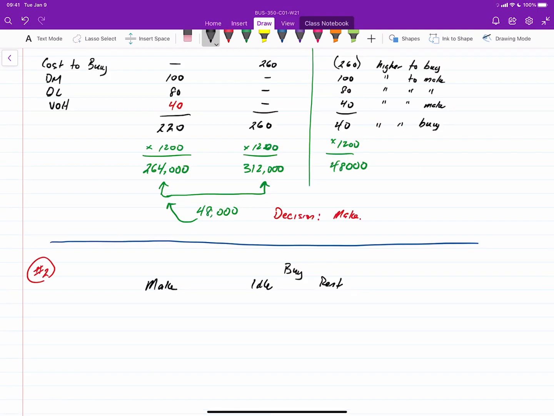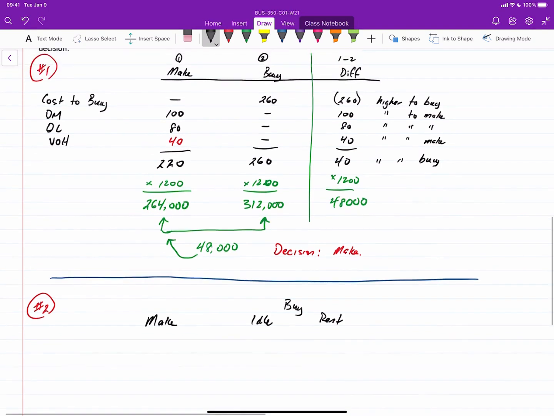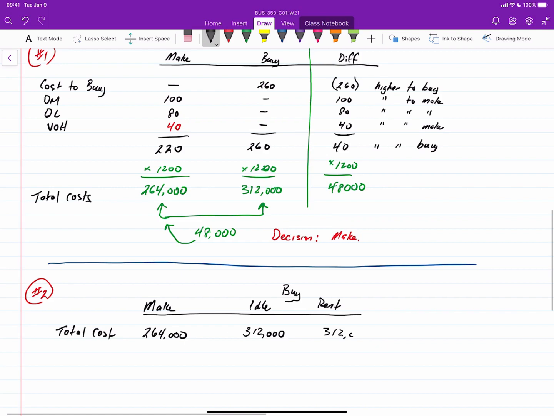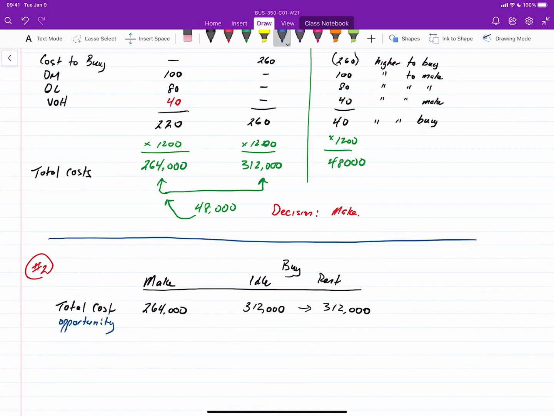Well, here, the relevant costs to make is $264,000. The total cost to buy and leave the facility idle is $312,000. The total cost to buy and rent is still $312,000. Right? You notice that this is the same. However, I have now an opportunity to rent.